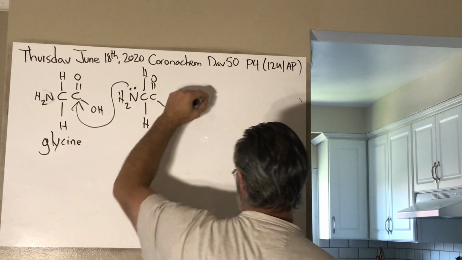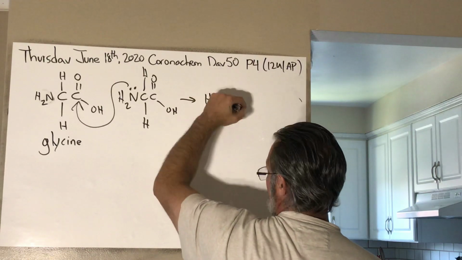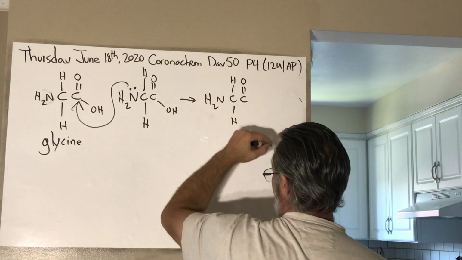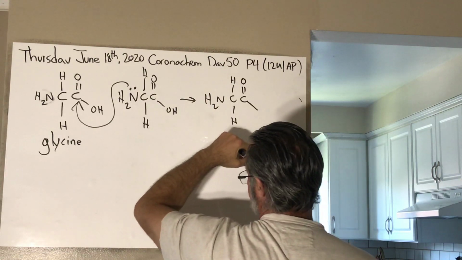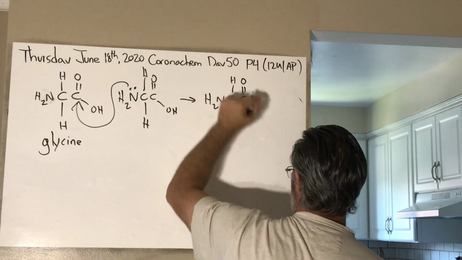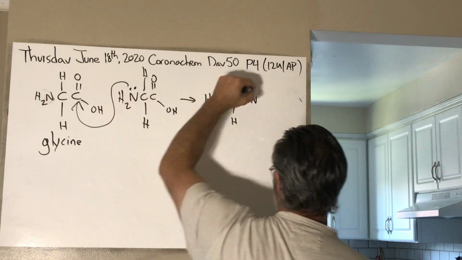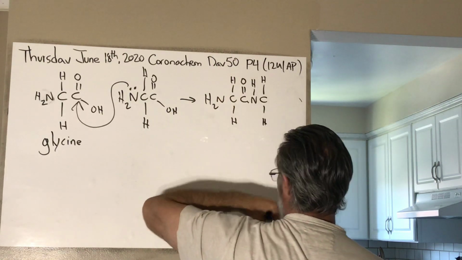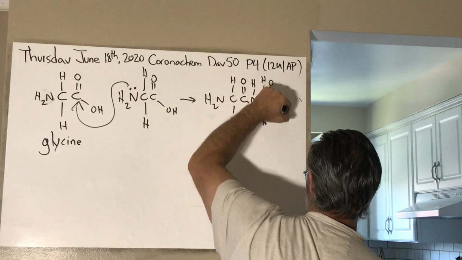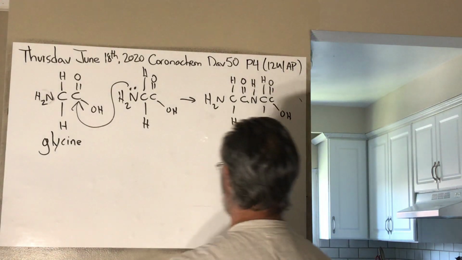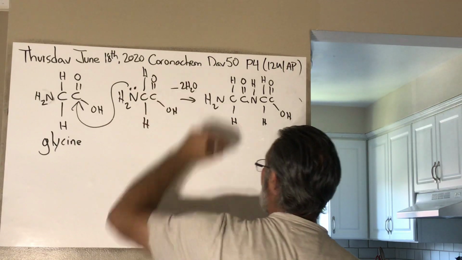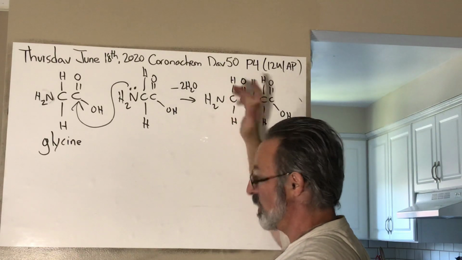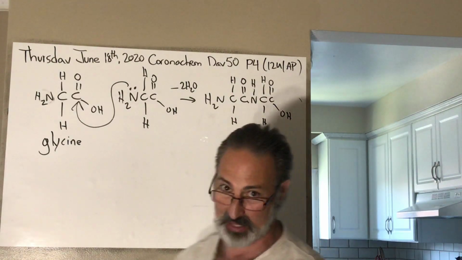So in the end, what you get is H2N C, there's the H over there, still there, carbonyl now like this, but now it's connected to the nitrogen that was this one, and there's still one hydrogen left on the nitrogen, and then there's the next carbon with the hydrogen on it, and the other side has the carboxylic acid. So if you connect 2 glycines and subtract water, you get a dehydration synthesis, and you get 2 amino acids stuck together. Your body does that with amino acids to stick them together to form proteins.